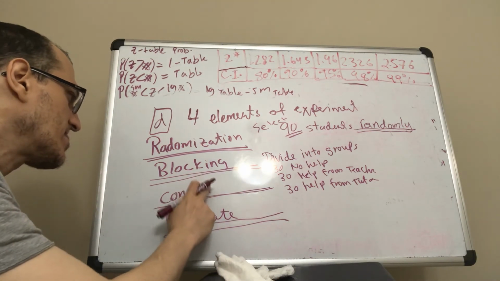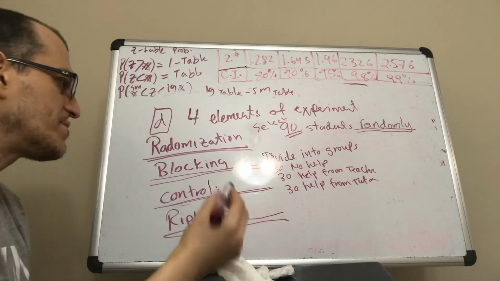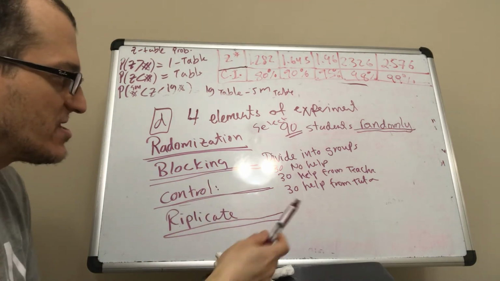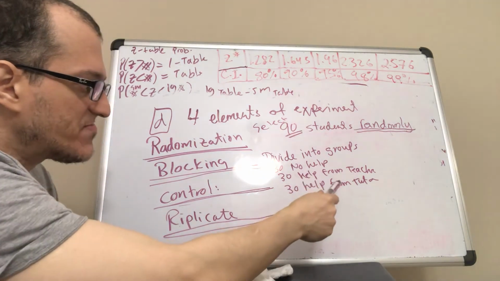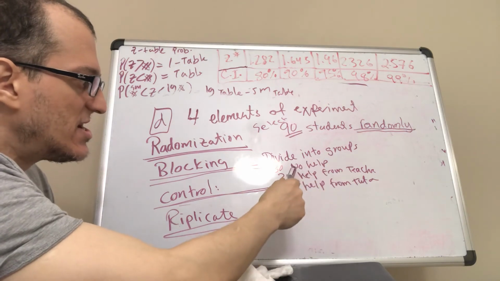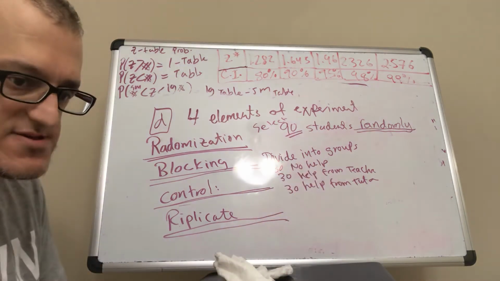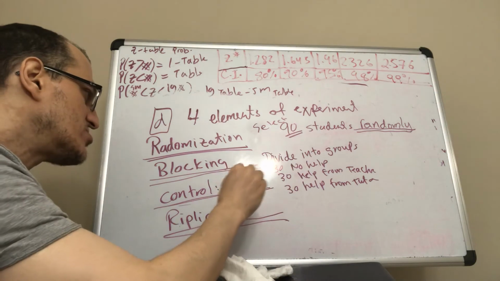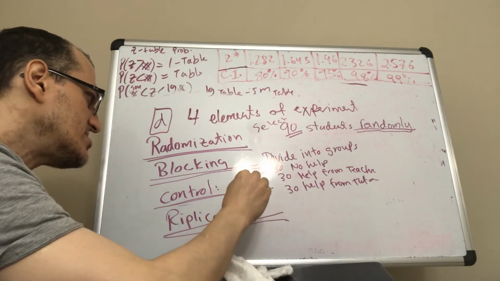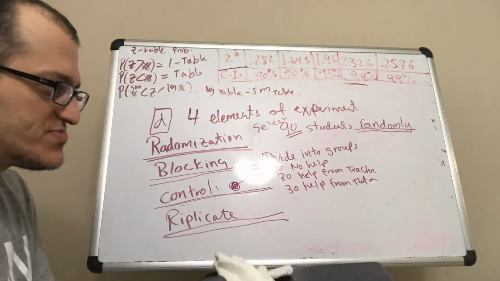Control, in the division, you see when I said help from teacher, help from tutor, I did one of them with no help. That would be your control group. Control group is one of those groups that get nothing.